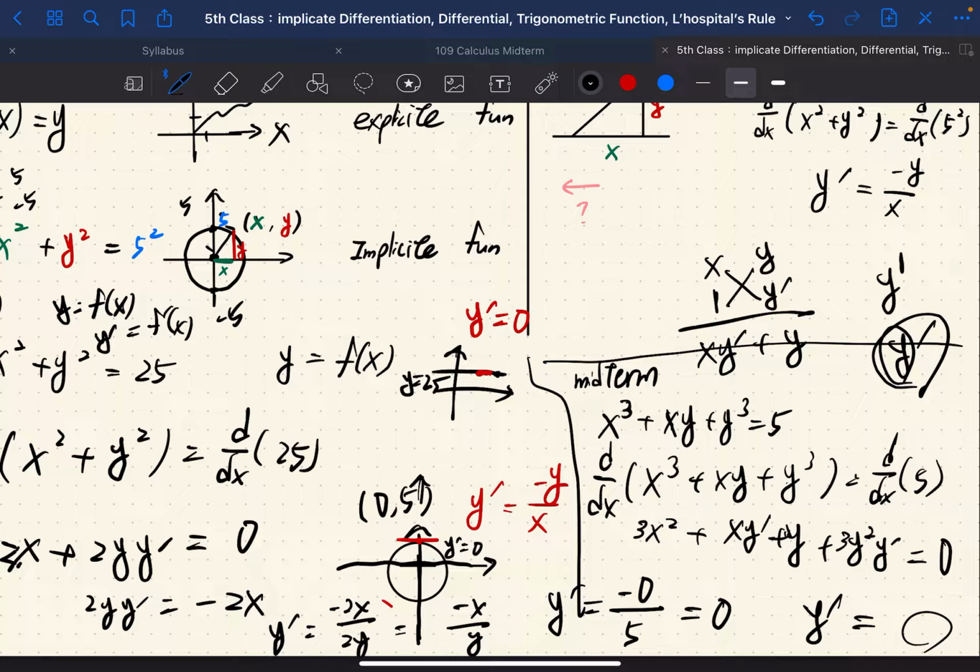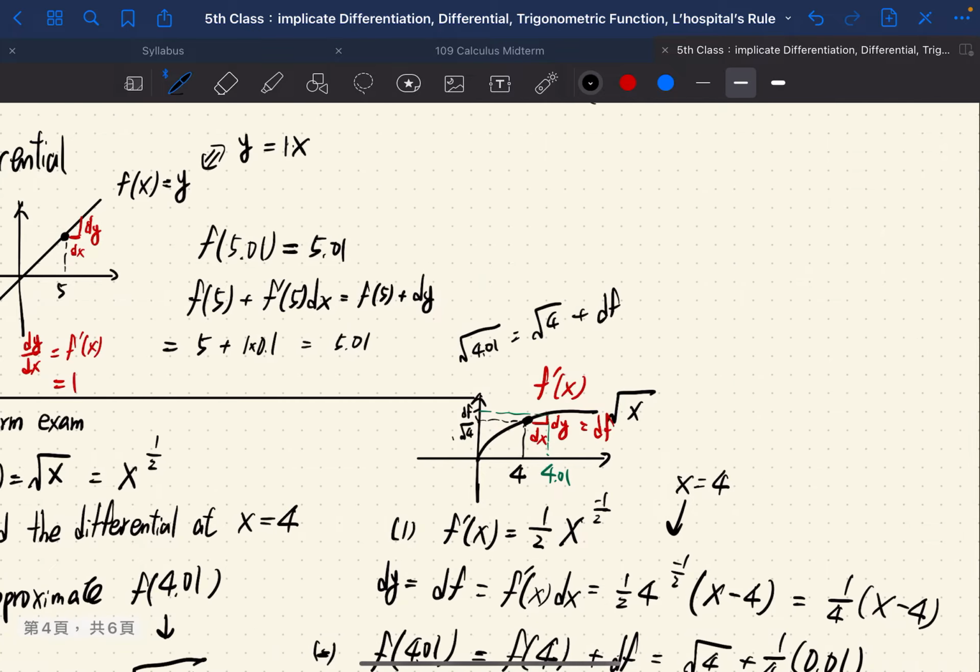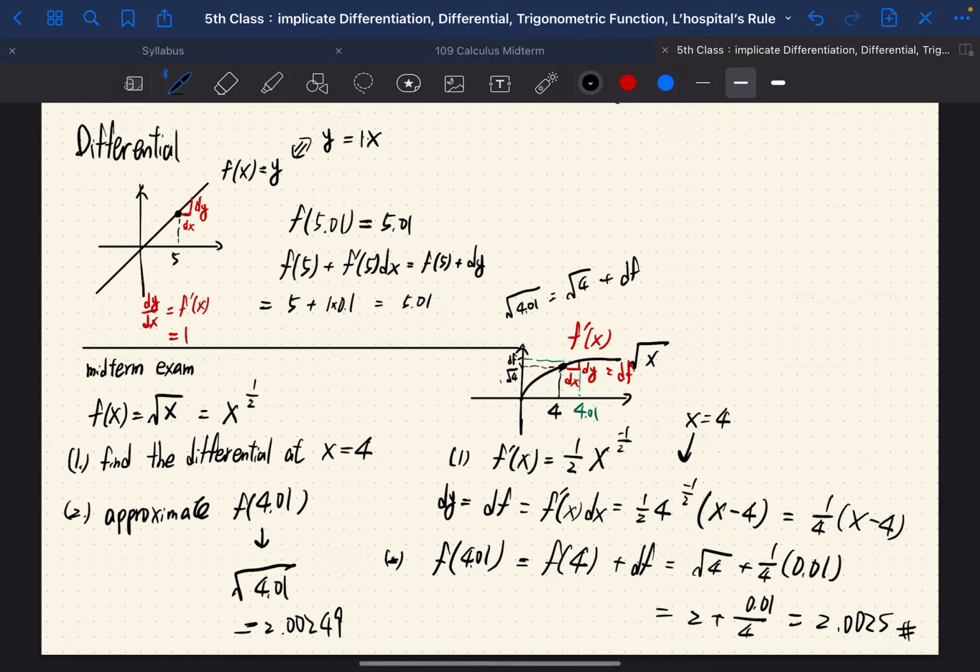Okay, then let's look at another concept. Differential.